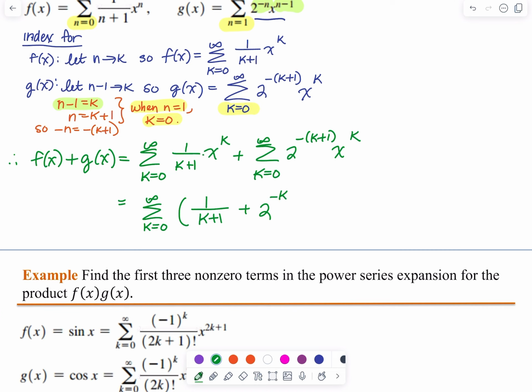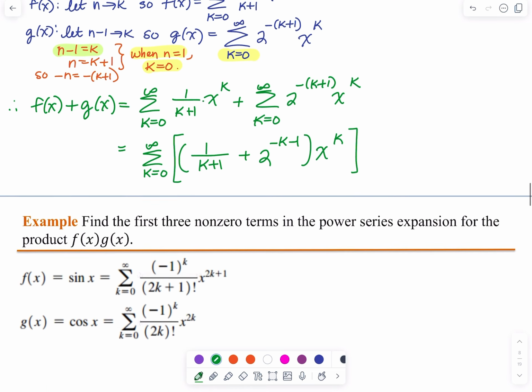Let's just distribute that negative, all multiplied by x to the k. And we could probably go ahead and do this around that entire sum.